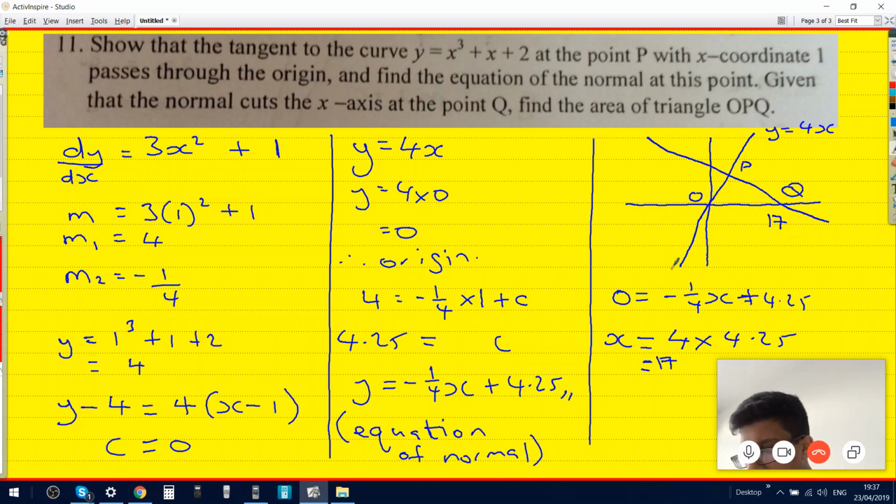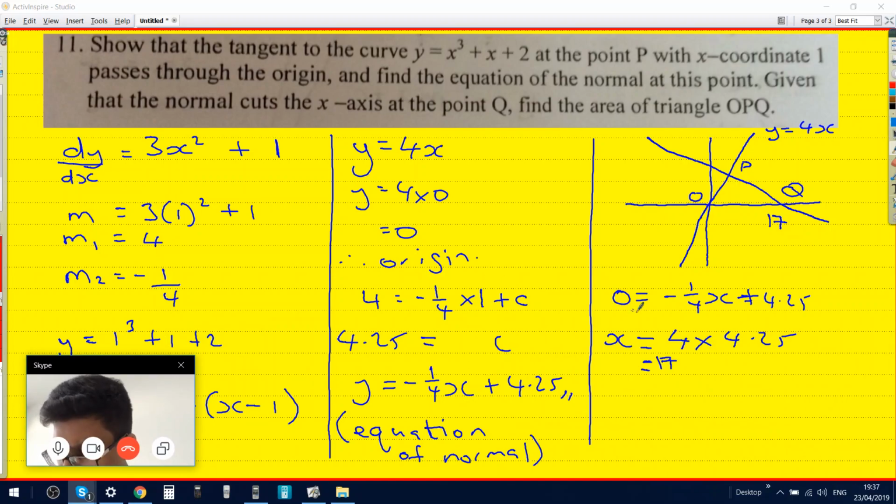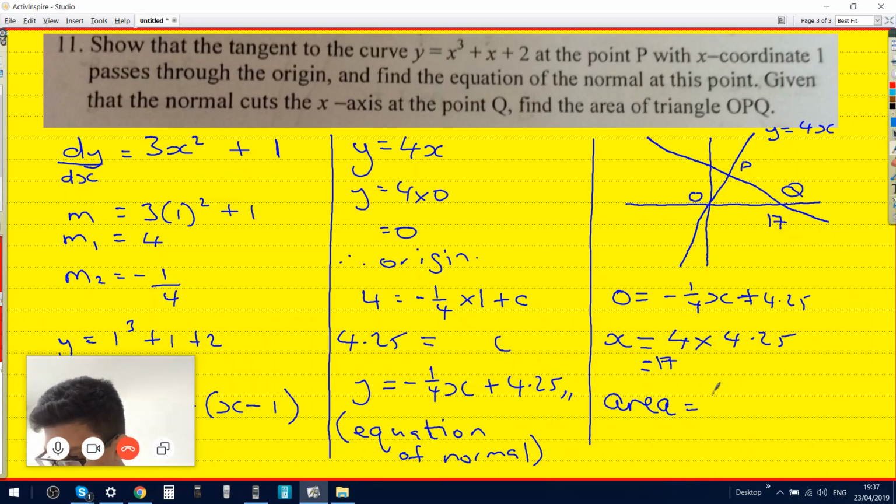So if we want to find the area of the triangle, we just have to find the length of each side. So we know that the length of the base I got is 17 because it's 0 to 17. And the height of this, we want to find the perpendicular height of the triangle.